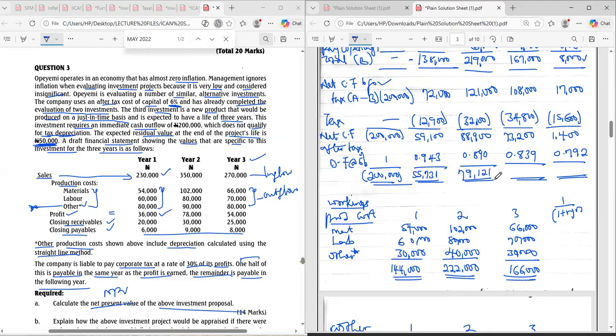Next. Next. $415. So everything here is all positive. This one is only negative. So get my NPV for me. Add all the positives and subtract the negative.